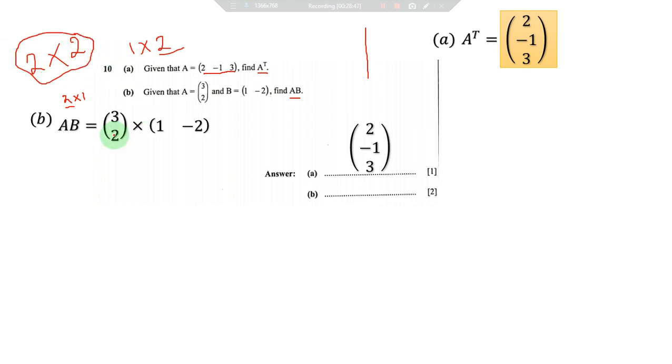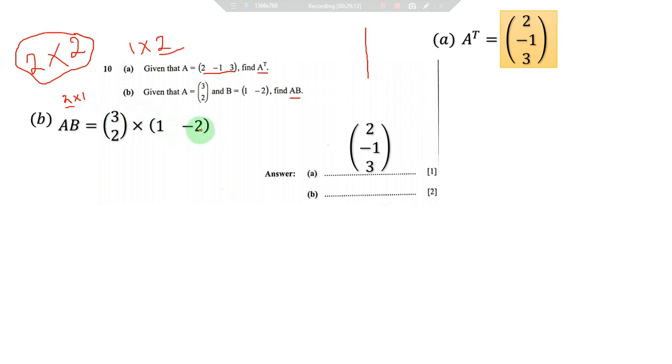When I multiply, remember we multiply row by column. In this row where there is a 3, there is only one number, but it has to be multiplied to 2 columns. So the first part will be 3 times 1. On that position, we are done. Then we'll leave space. We'll go again 3 times -2.